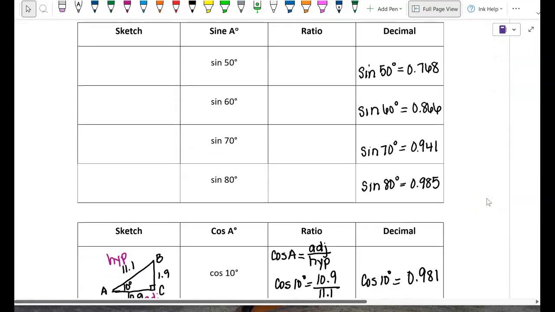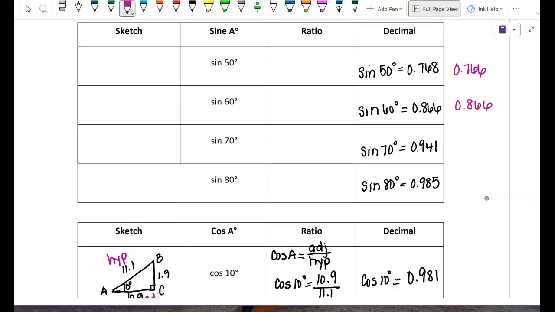The sine of 50 degrees, the actual value is 0.766. The sine of 60 is 0.866. The sine of 70, 0.940. And the sine of 80 degrees, 0.985.